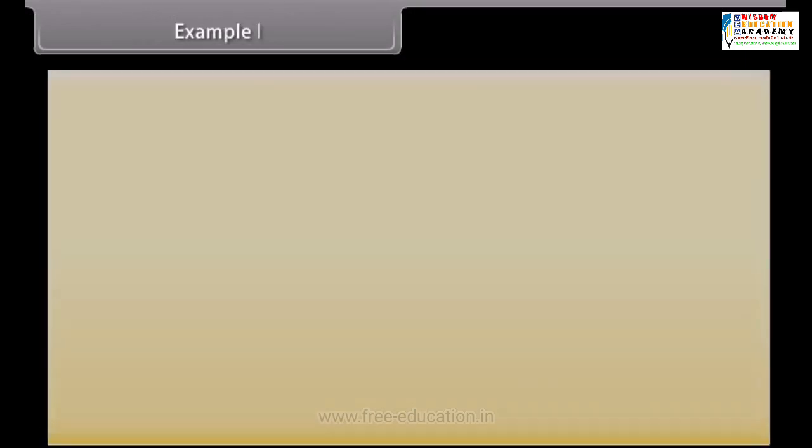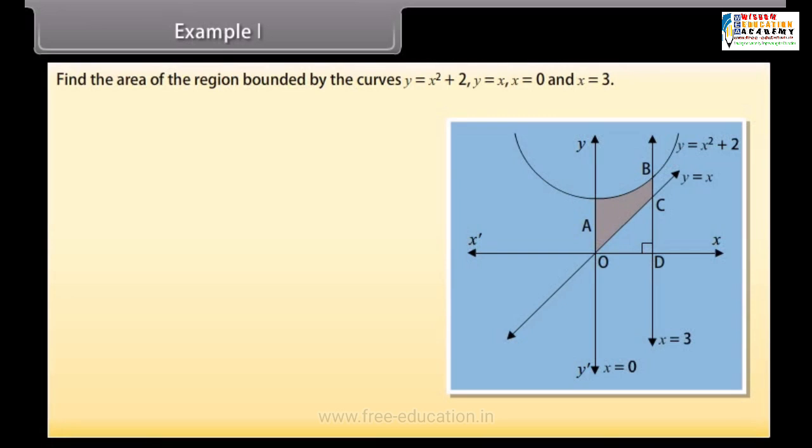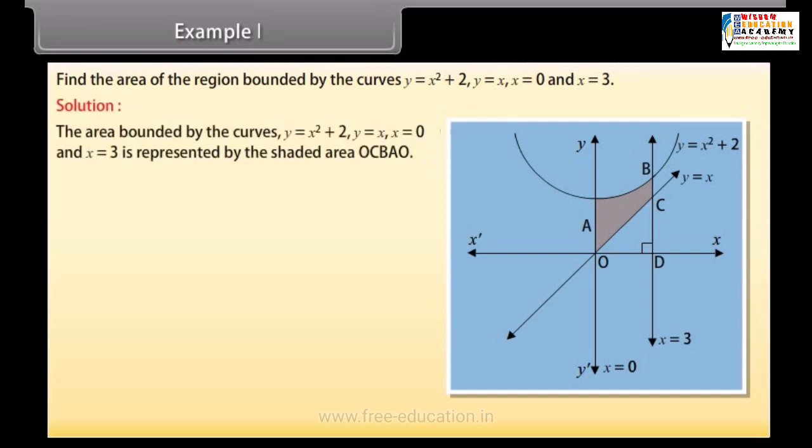Example first. Find the area of the region bound by the curves y equals x square plus 2, y equals x, x equals 0 and x equals 3. Solution. The area bound by these curves is represented by the shaded area OCBAO as shown in this figure.